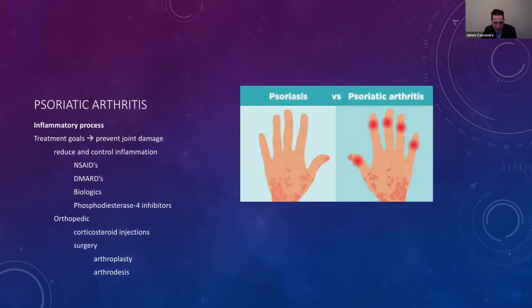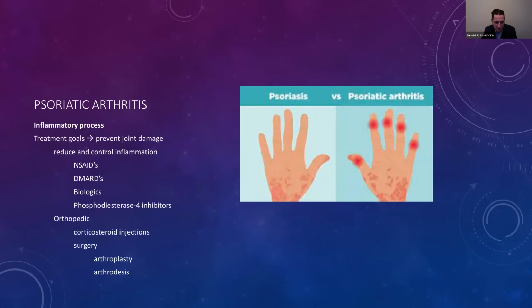When patients get to me, oftentimes they've been treated by their primary care physician or rheumatologist and have some of these on board. Sometimes they don't. With these patients, I often get a rheumatology consult if I'm suspicious for this. And I sometimes can do a cortisone injection to help with pain, and surgery sometimes is an option.